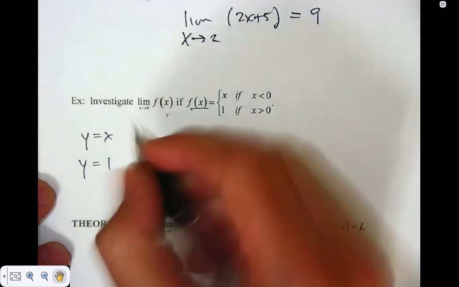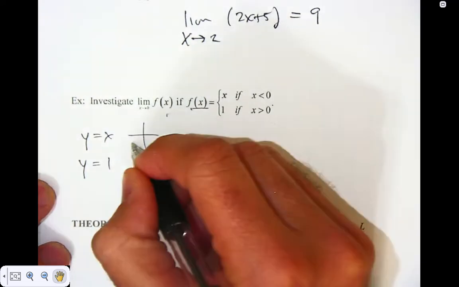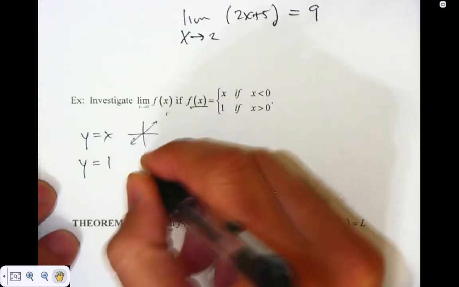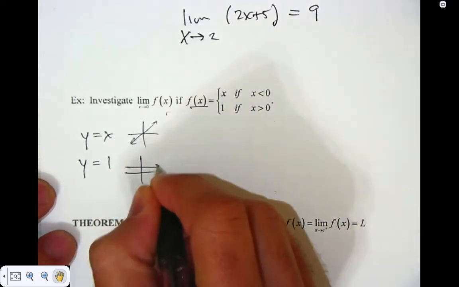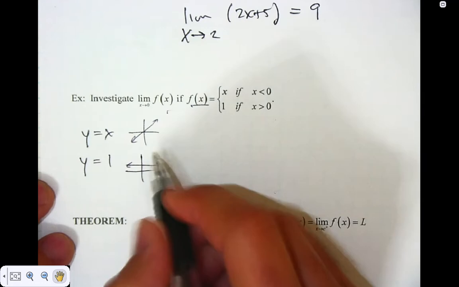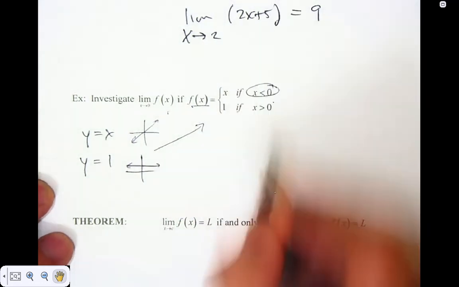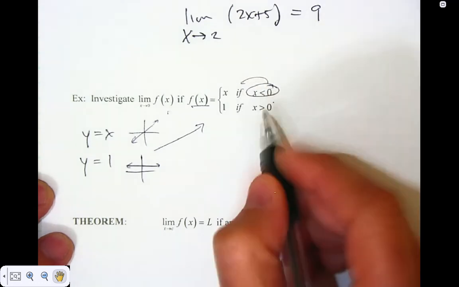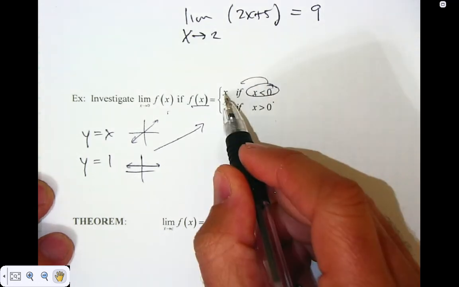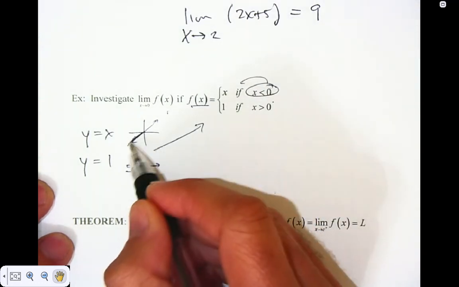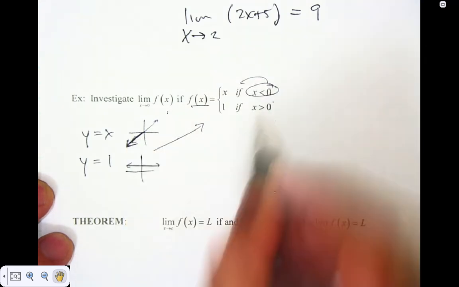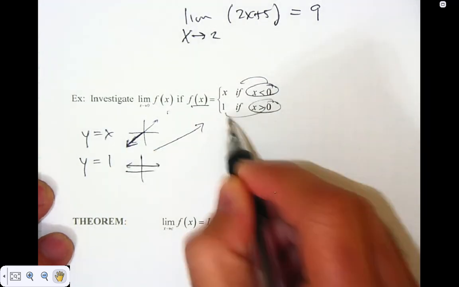So it's literally taking y equals x, and it's taking y equals 1, and it is piecing them together, right? And it's piecing them together in this manner, saying, look, if you're to the left of 0, you need to be on this line, which would be this part, because I'm left of 0. And if you're bigger than 0, you need to be on this line, which is that.